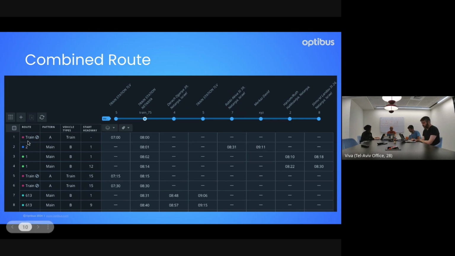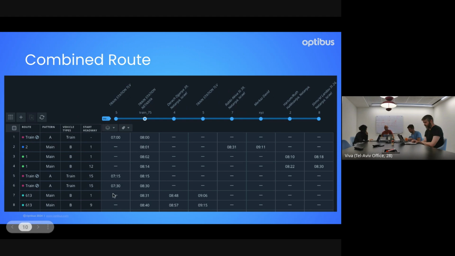We have a route called train, and the train stops at train station Tel Aviv and train station Netanya. We have a route called detour that stops at train station Netanya, Rabbi Akiva or something, Merkaz David. We have 613 that stops at train station Netanya, Derech Dgania, and train station Tel Aviv.